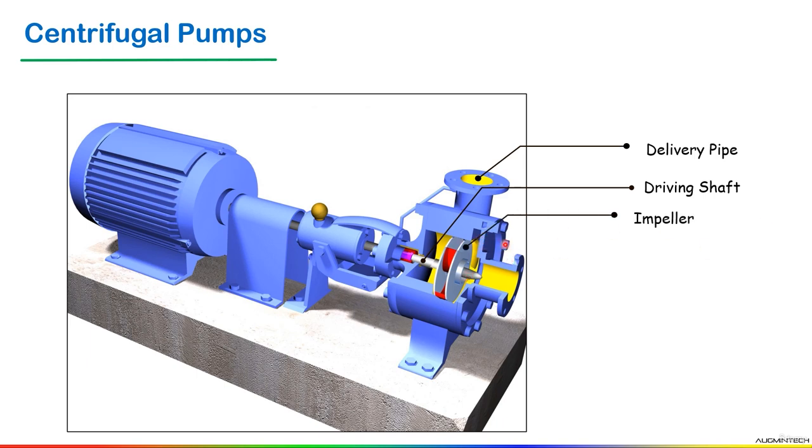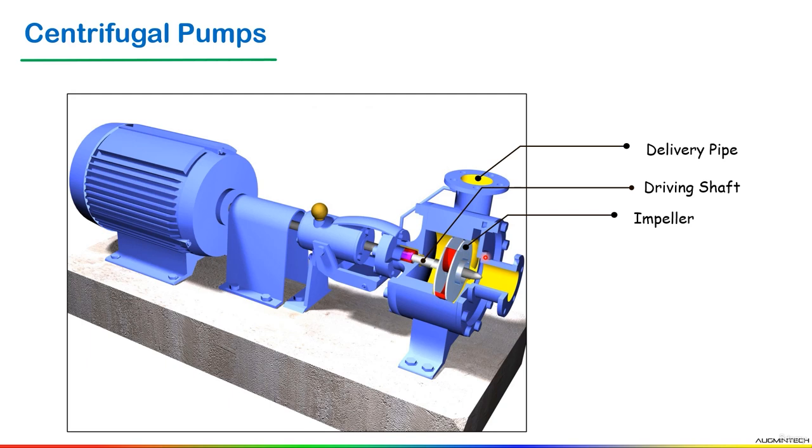Now here we have an impeller. What is the use of the impeller in this centrifugal pump? First, remember the impeller is mounted on a shaft. The impeller is like a rotor. It is used to increase the kinetic energy of the flow.